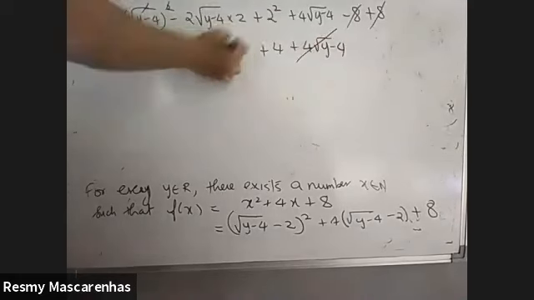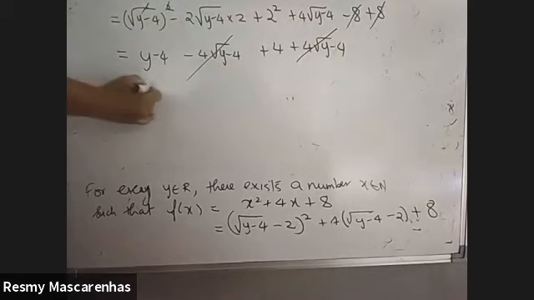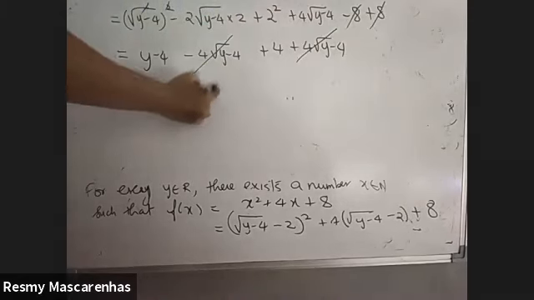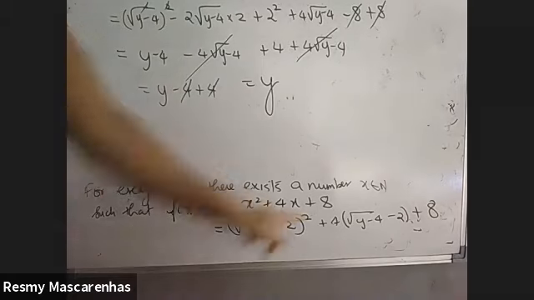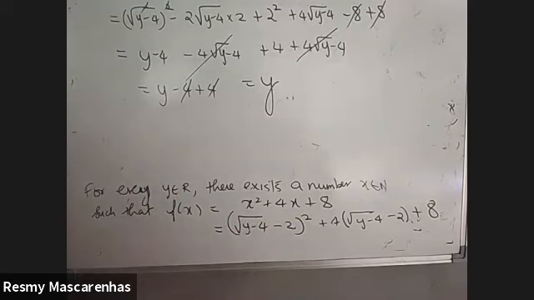Then this term will cancel. So what is left is again, and you will get the answer as y. I've used the a minus b the whole square formula. Okay, therefore it will be onto.